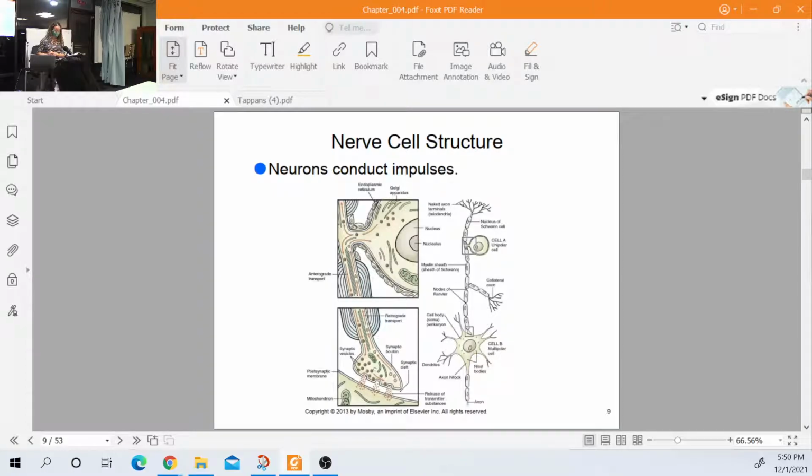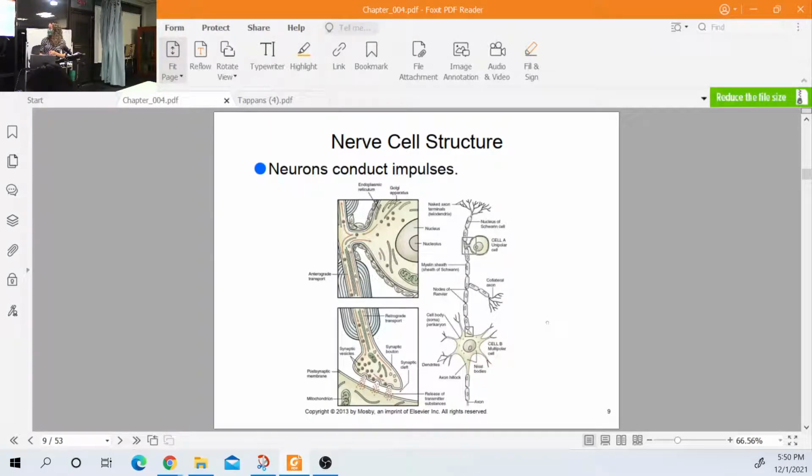Okay, axons. Axons are projections, branches that come out and allow communication among a lot of different neurons. Be familiar with axons. Dendrites look like little hairs.